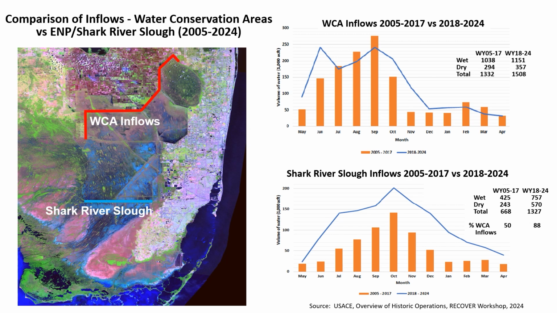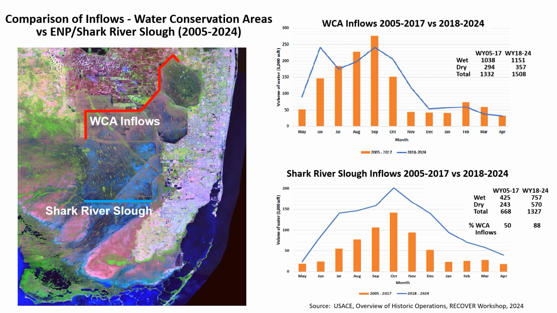These time periods match the baseline and reporting periods for the 2024 Recover System Status Report. This latter period also matches the U.S. Army Corps of Engineers' initiation of field tests of increased flows into Northeast Shark River Slough, leading to the implementation of the combined operational plan.